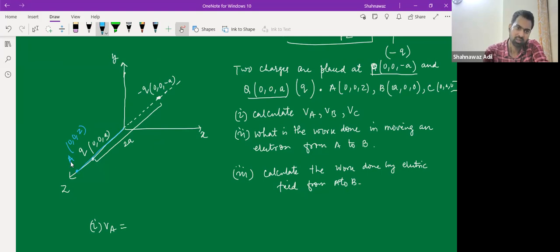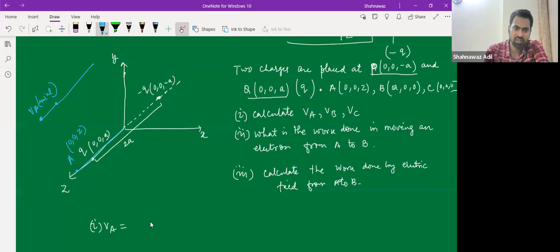Let us focus on A. Hasib says axial point, Aisha says axial point, right? Because we have this dipole and we are calculating the potential on the same line, so this is the axial point.